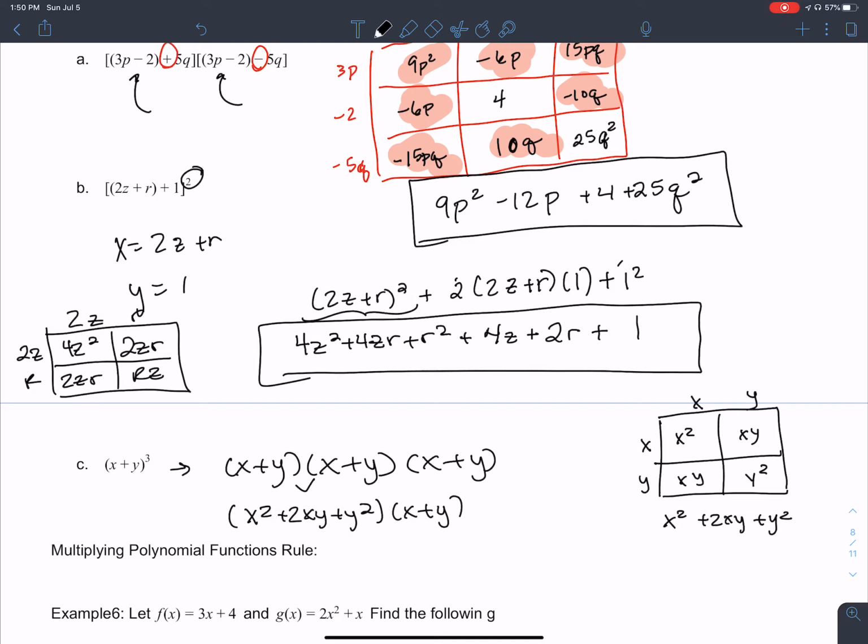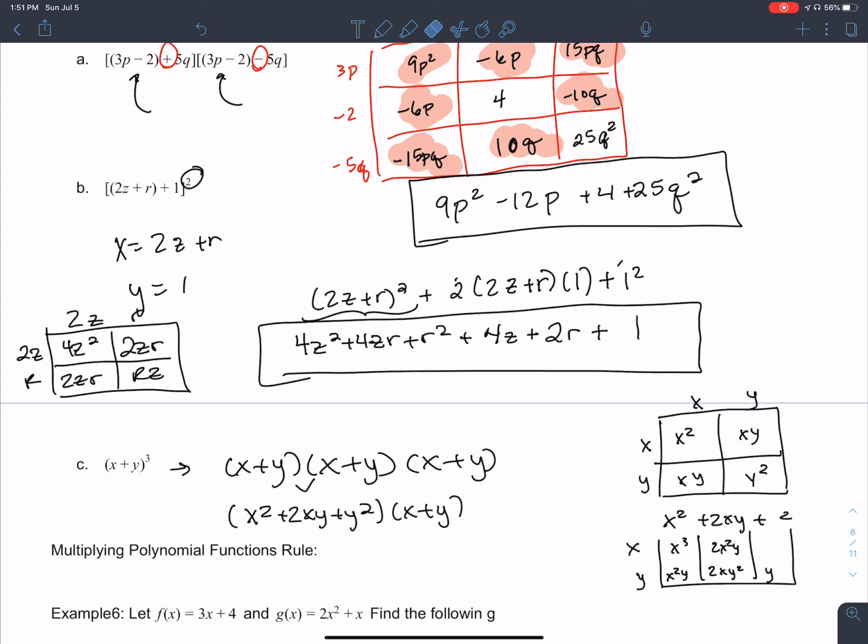I've already got it written over here, so I'm going to just box it up. So x cubed, 2x squared y, y cubed, x squared y, 2xy squared, y cubed. Oh, I messed that one up.